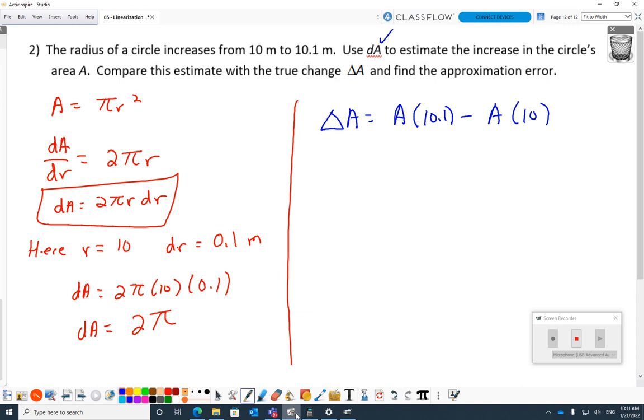So, okay, 10.1. So I got to do pi times 10.1 squared minus pi times 10 squared. I'll punch this in my calculator. 10.1 squared, 102.01 pi, and that's 100 pi. Oh, that came out kind of nice. 2.01 pi.